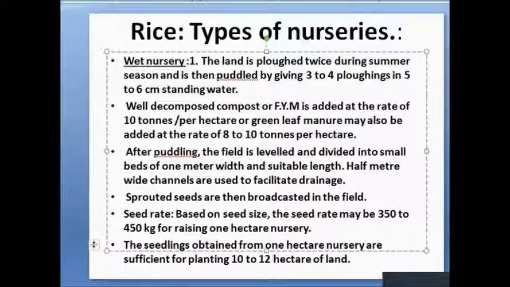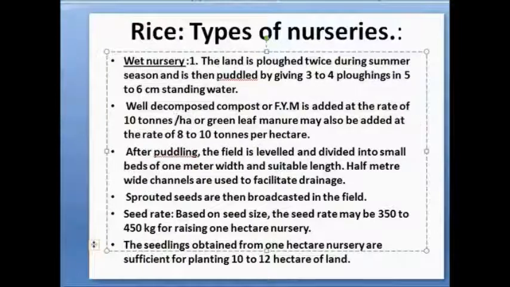Now, this green manure or farm yard manure will grant good field condition, good viable condition for growth of plant. At the outset, there will be growth of seedlings. So this is important.